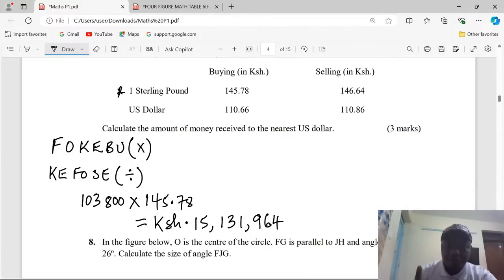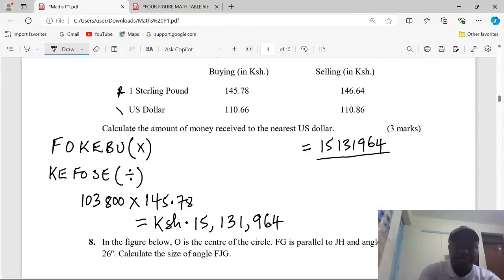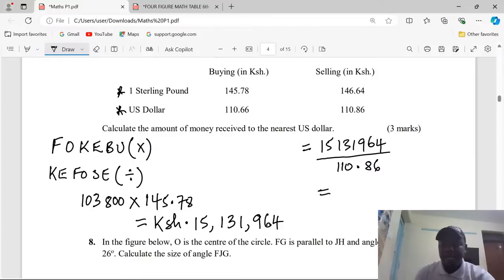Now the total amount is going to be converted to US dollars. Remember, from Kenya shillings to US dollars, it's Kenyan currency to foreign currency, whereby we shall use the selling column and we divide. Therefore, we take 151,964 divided by the amount in the selling column for US dollars, which is 110.86.